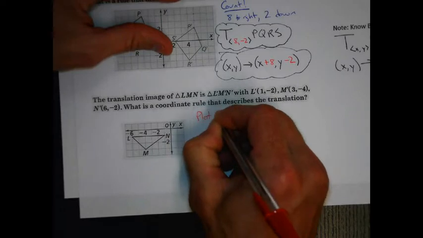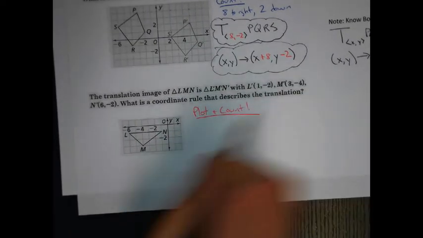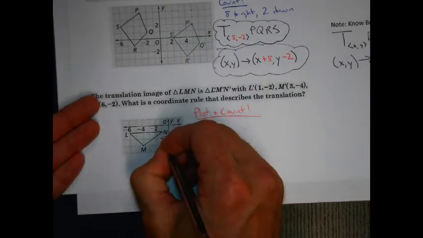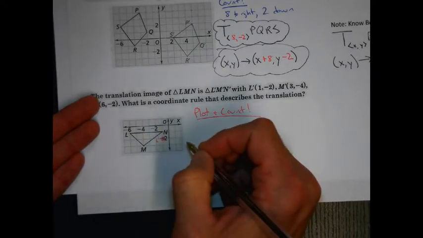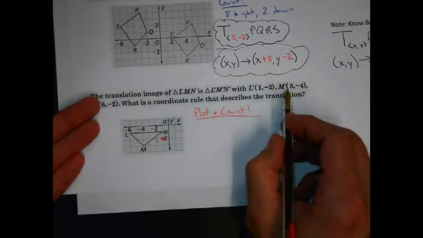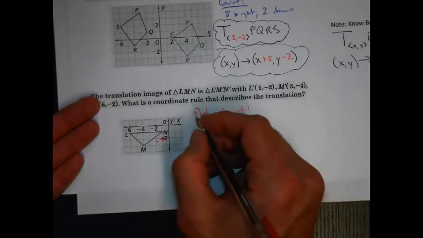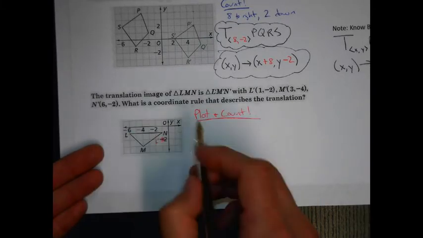So here's our original L. Where is L prime? It's at 1, negative 2. Then M prime is at 3, negative 4. 1, 2, 3. Oh, it's off the map. It's off the map and down. And then N prime is 6, negative 2.